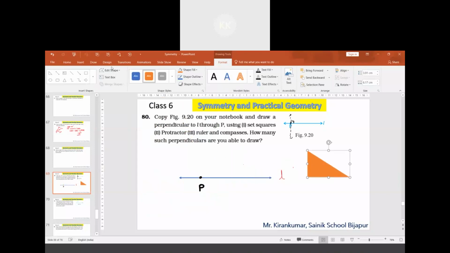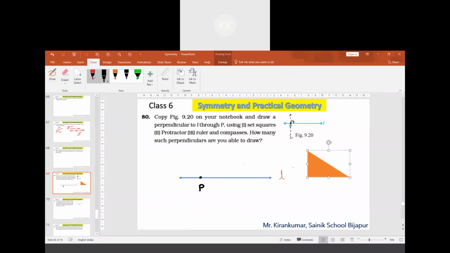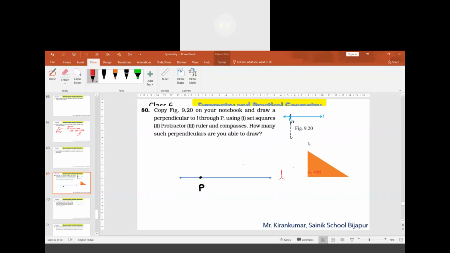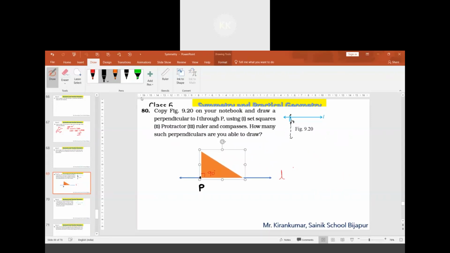The reason is the angle which is formed here is 90 degree. So this 90 degree I am bringing it here. So at this point I can have a line drawn.